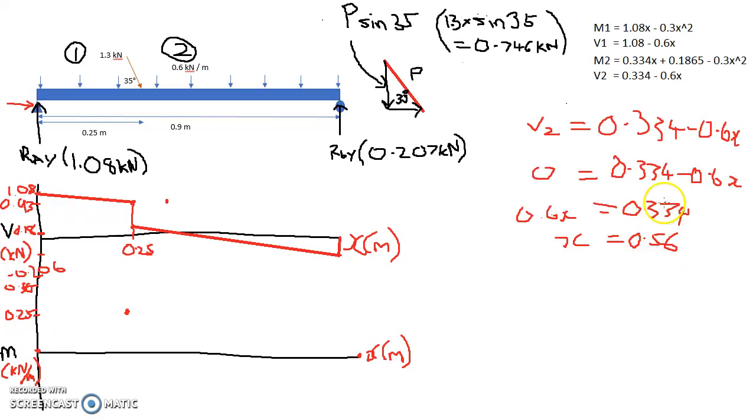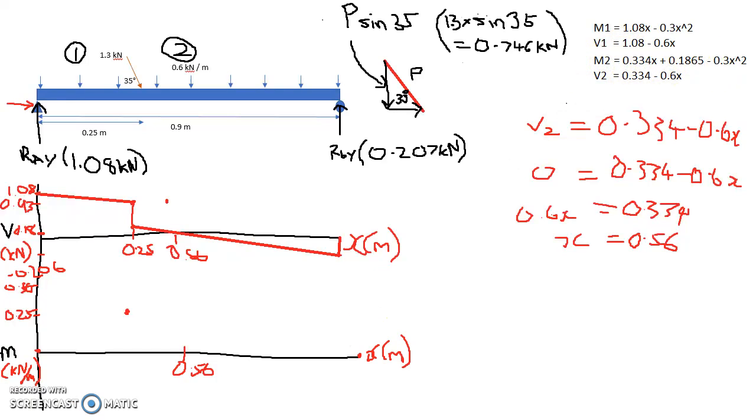X is at 0.56, so we have to plug that number in, so 0.56 is going to be somewhere around here. I know it doesn't look it, but it's going to be somewhere around here. 0.56 is there. So we have to plug that into M2 to find out what we get.